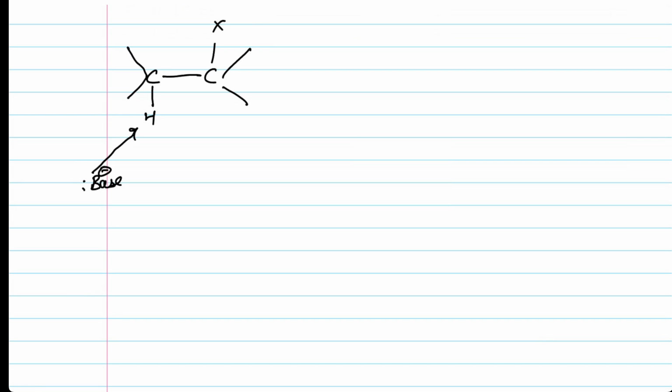Hydrogen has a valency of 1. So if the electron cloud is donated to hydrogen, it will have to break the hydrogen-carbon bond. The bond would shift here and the halogen would be released. So we are going to get the product as H-base along with C=C along with X⁻. So this is the elimination reaction.